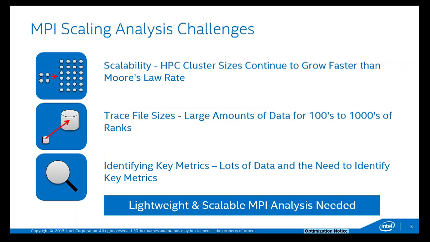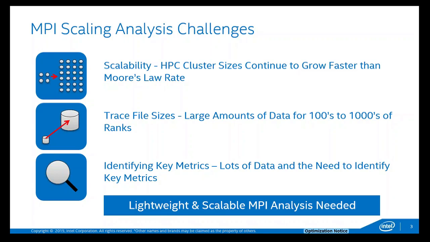So some of the challenges, you can qualify them in three different areas. When you're trying to scale out with your MPI application, there's a few issues, right? So first off is the scalability itself. Cluster sizes have started to grow potentially faster than Moore's law.